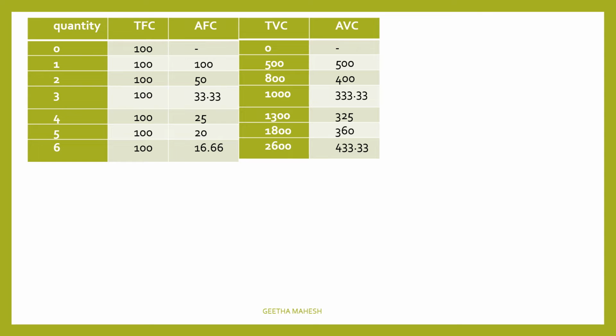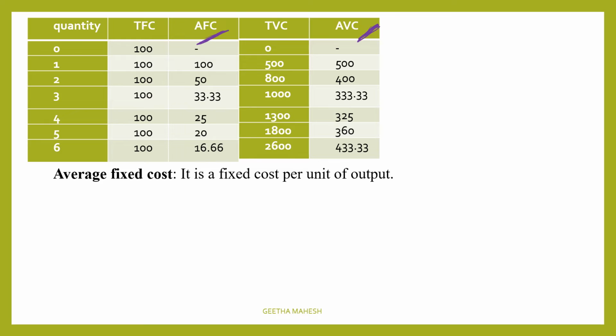Dear students, now let us discuss average fixed cost, then average variable cost. You can see here average fixed cost. It is the fixed cost per unit of output. I repeat once again, per unit of output: to produce 1 unit of output, how much fixed cost you are incurring, that we call average fixed cost.